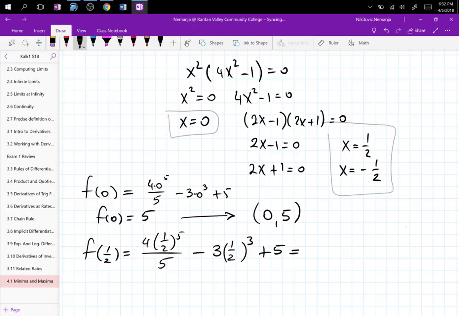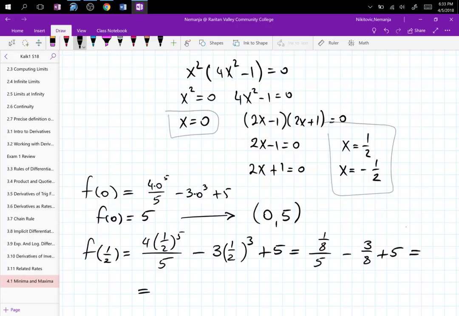So we just compute this. 2 to the 5 is 32, which cancels with 4, so it's 1 over 8. So 1 over 8 over 5, minus 3 over 8, and then plus 5.